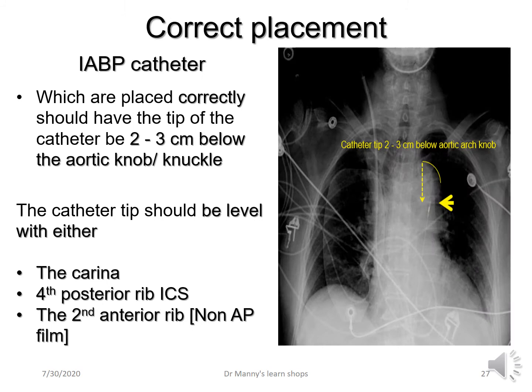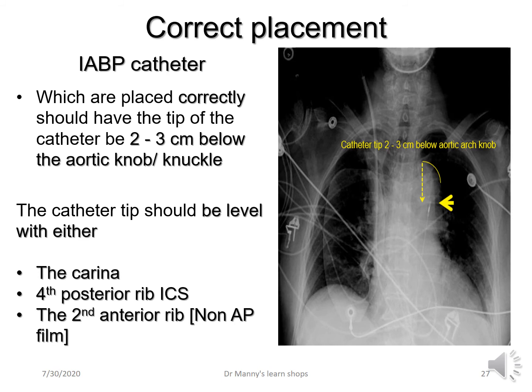If the catheter is placed correctly, as visualized on the chest X-ray, the tip of the catheter should be about 2 to 3 centimeters below the aortic knob or knuckle. It shouldn't go up into the arch. The catheter tip should be level with either the carina, T4, if you can see a posterior rib, the fourth posterior rib intercostal space.